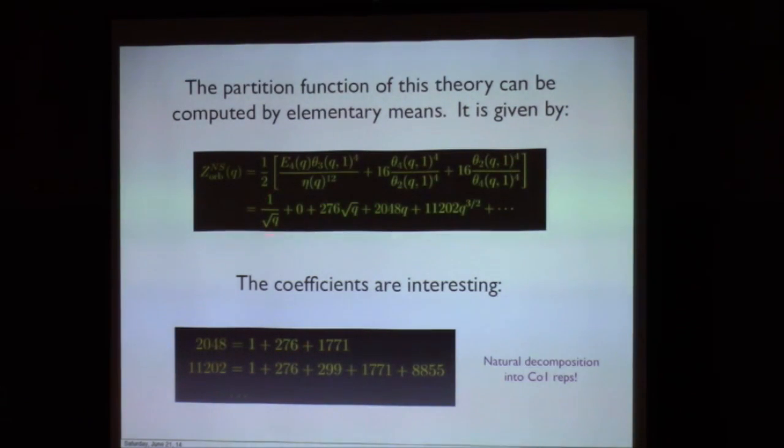It has a polar term, 0, 276, 2048, 11202. Okay, and then you can go to one of these websites that lists interesting numbers, and you'll find that, in fact, 2048 can be decomposed many ways by elementary arithmetic, but one of them is interesting, and same with 11202. The natural decompositions are into Conway group representations.